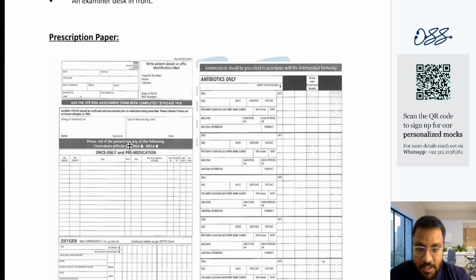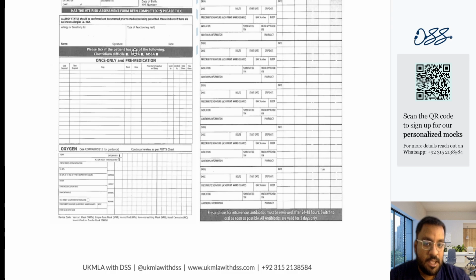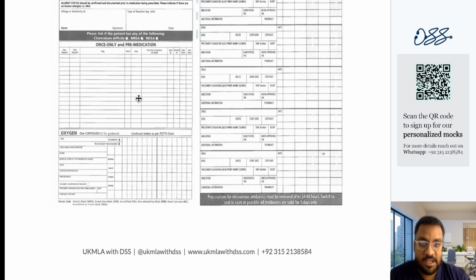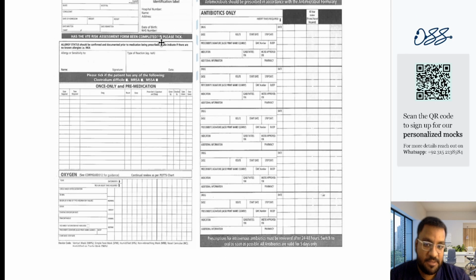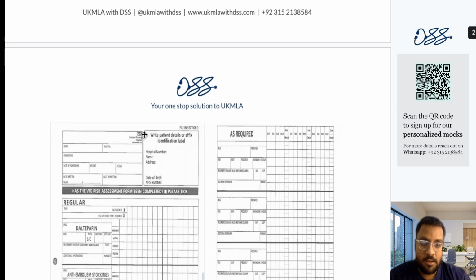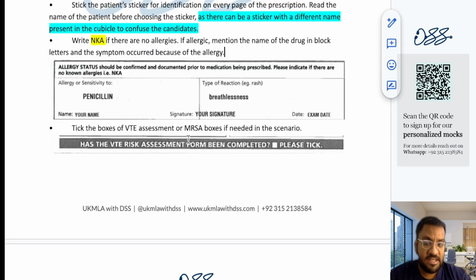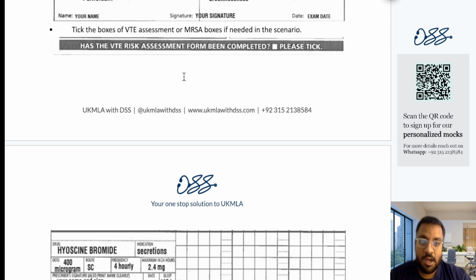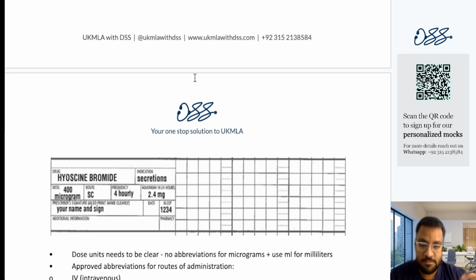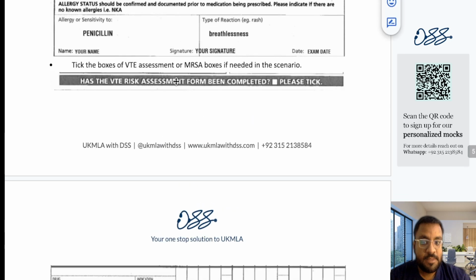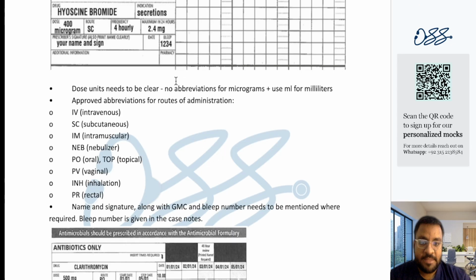Yeah, so you can see, please tick if the patient has any of the following: Clostridium difficile, MRSA, or MSSA. So if the patient has MRSA, then you need to tick the MRSA box as well, along with the VTE prophylaxis if the patient is here to get prescribed VTE prophylaxis. So you need to see in which sessions you have to tick the VTE assessment, and in which sessions you have to tick the MRSA box. This is really, really important.